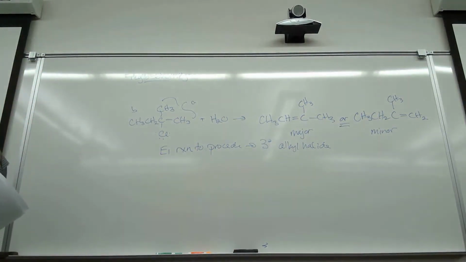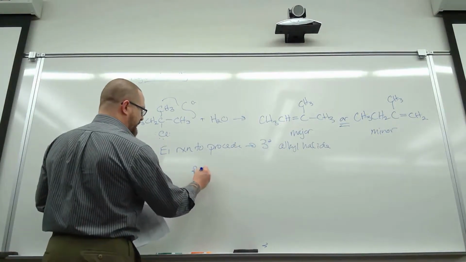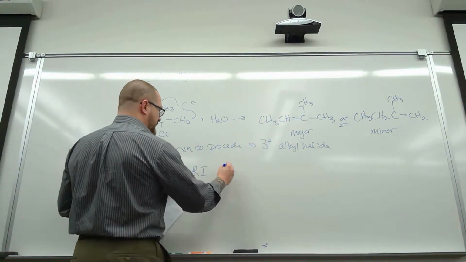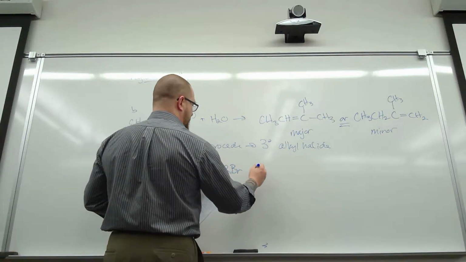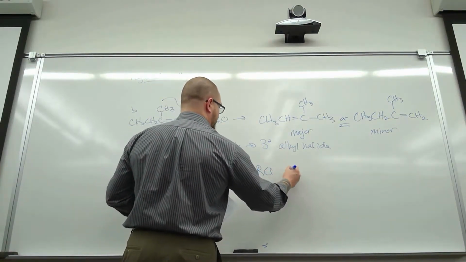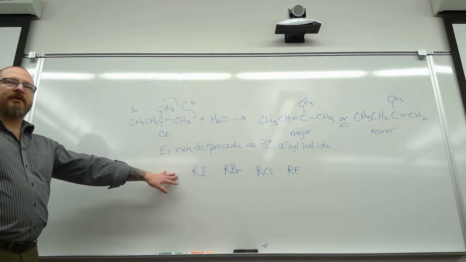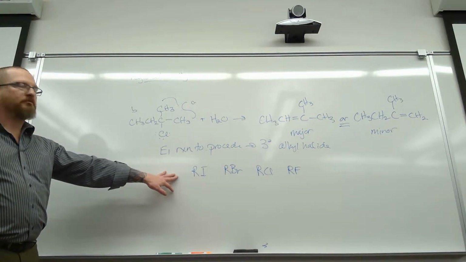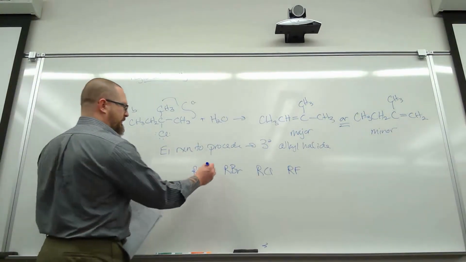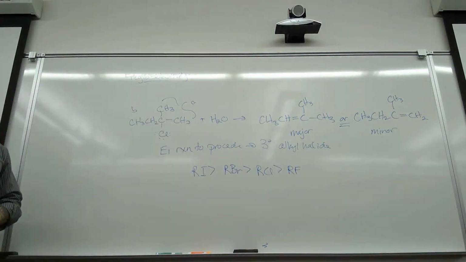In terms of relative reactivities, how would we rank iodine versus bromide versus chloride versus fluoride? Most reactive or least reactive? All right, you guys are pros. Why? It's the most stable leaving group, because it's going to be your best leaving group.